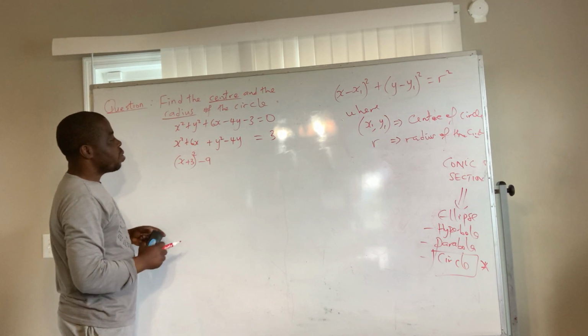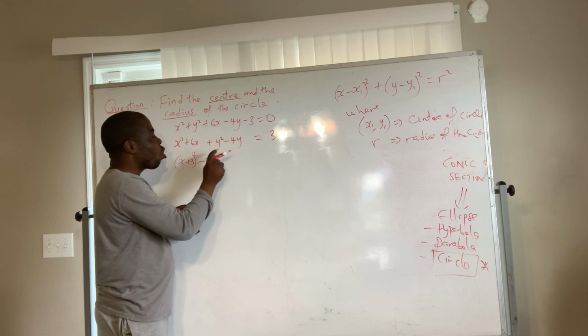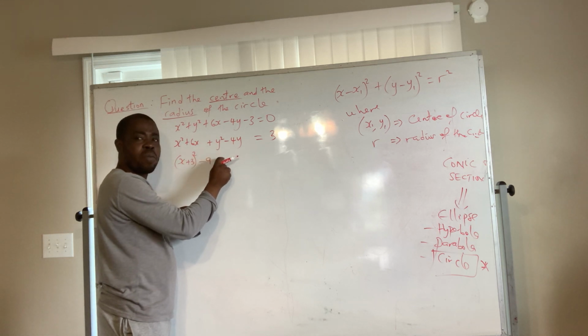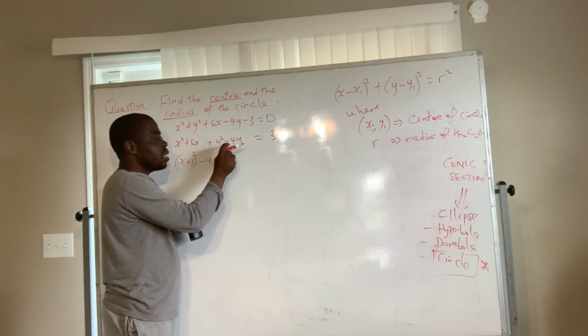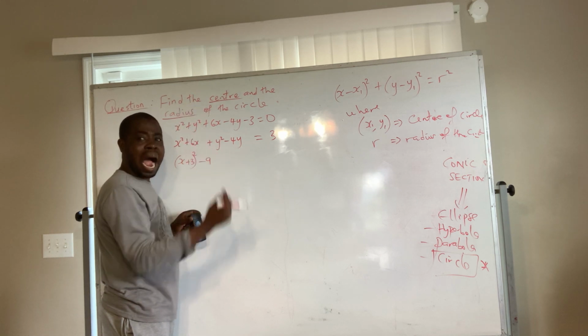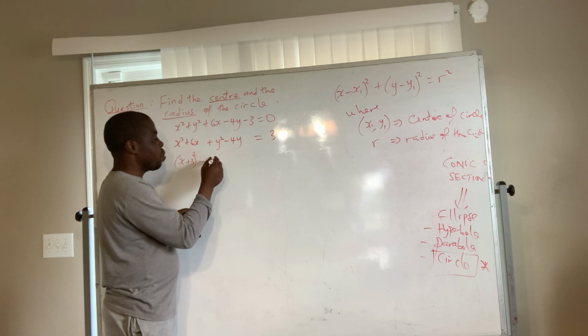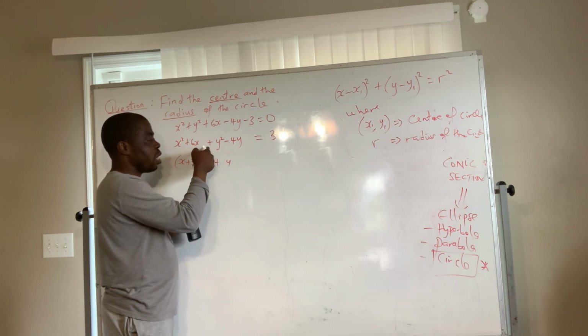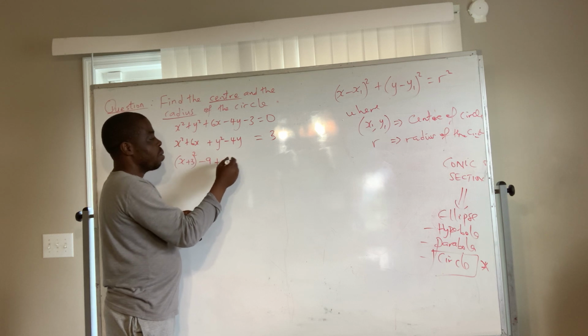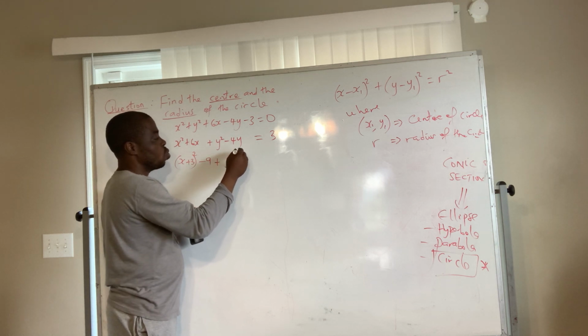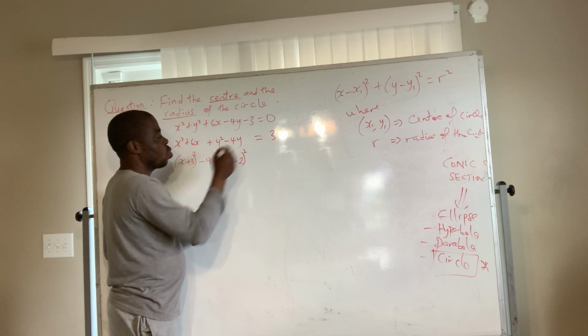Okay, similarly, I'm going to come to the second variable y. The coefficient of y is negative 4, so half of that is negative 2. I have a plus here, so bring the plus here, so y minus 2 squared.